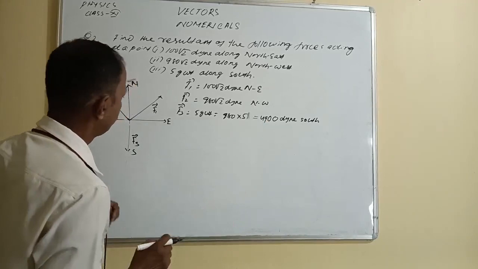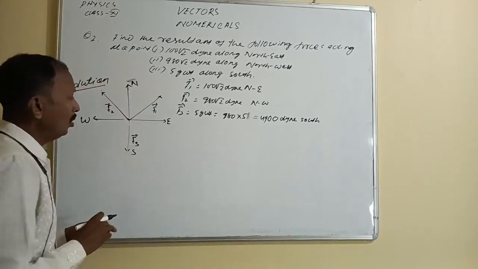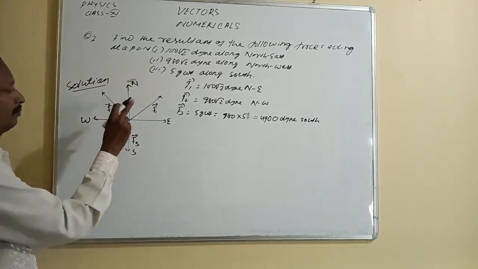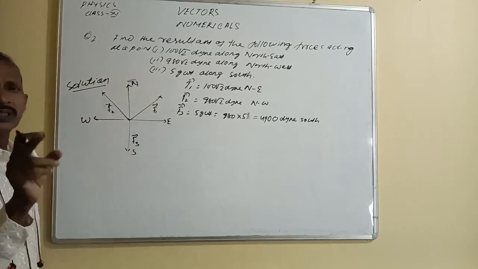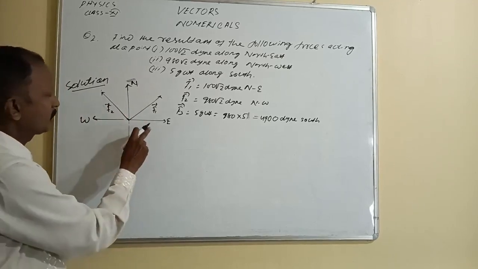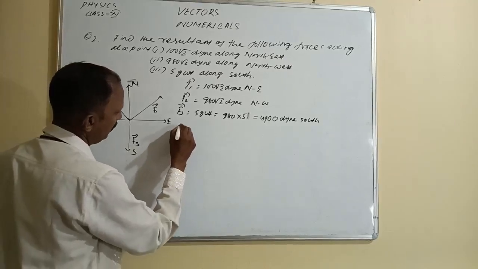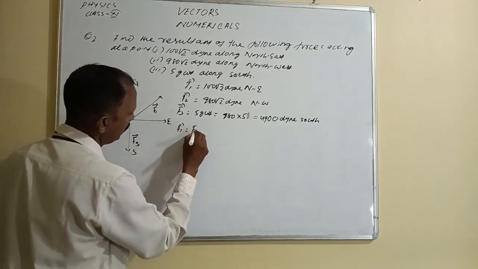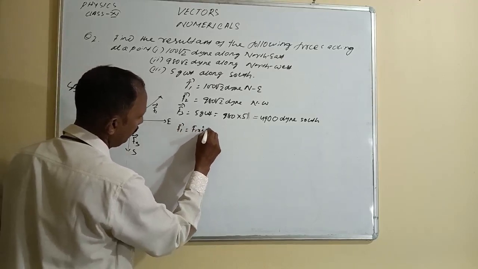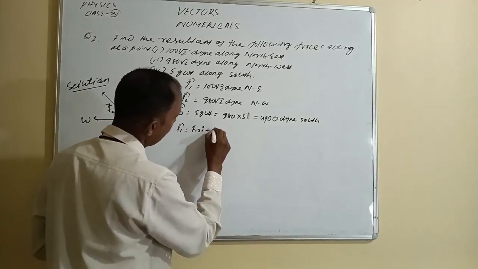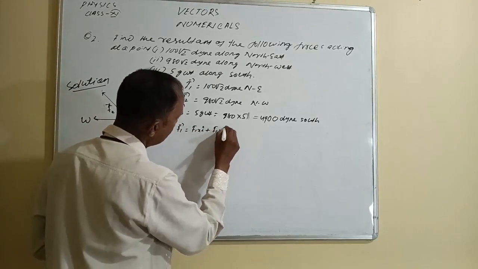Now we'll resolve the vector F1 into its rectangular components, means x component and y component. So I can write that F1 is equal to F1x i cap plus F1y j cap.